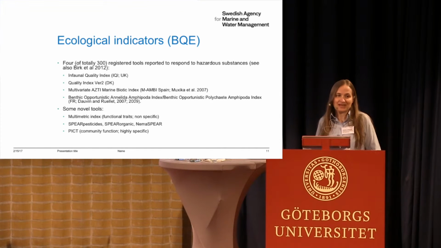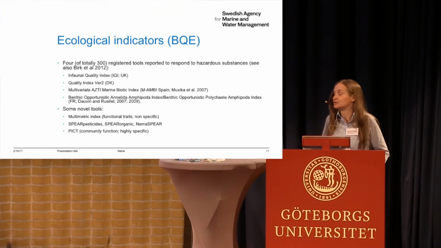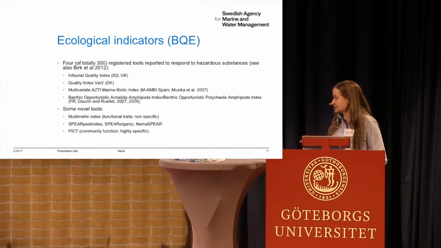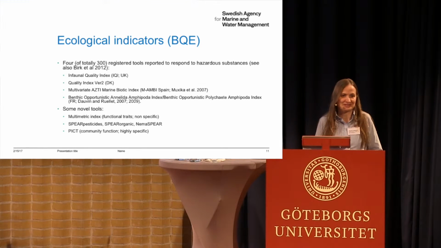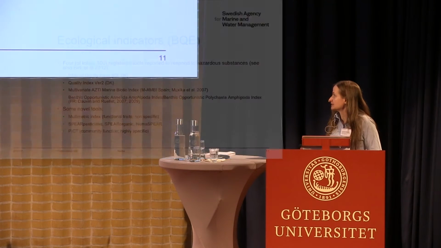So there is a lack of tools here that are in routine use in regulation. And I heard you already talked about PICTs, so I'm not going to mention them, but of course there are other tools as well, but they are not yet registered as these types of tools.